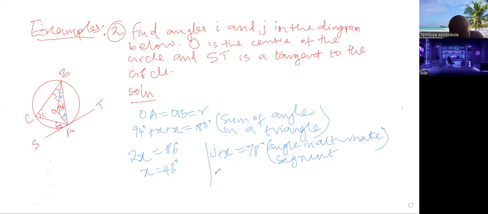So that will be J plus 43 equals 78. So J will now be 78 minus 43, that will be 35.